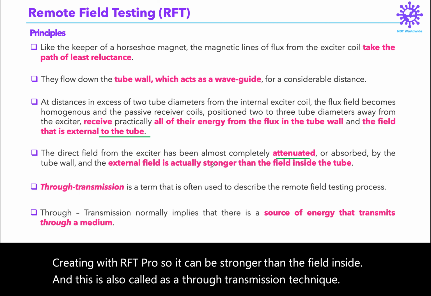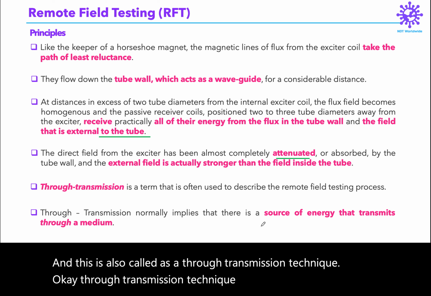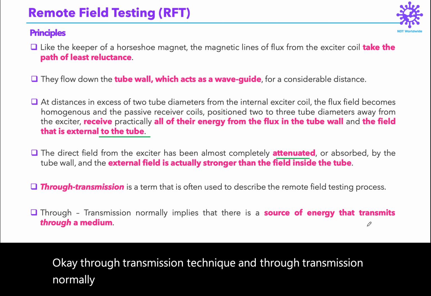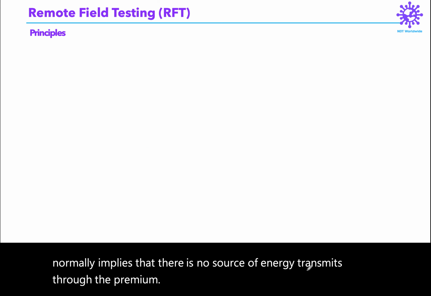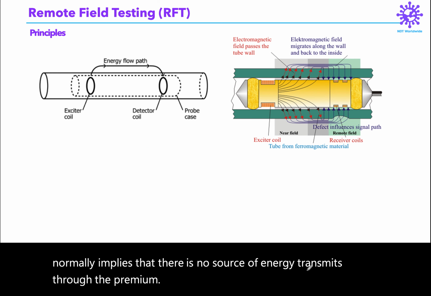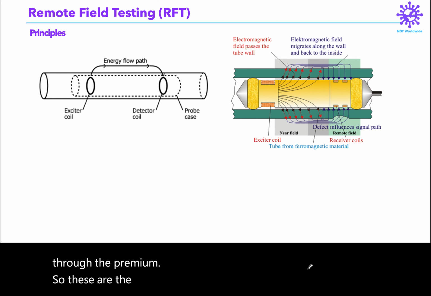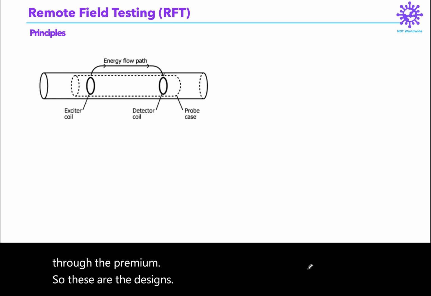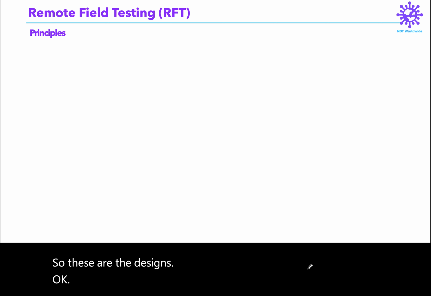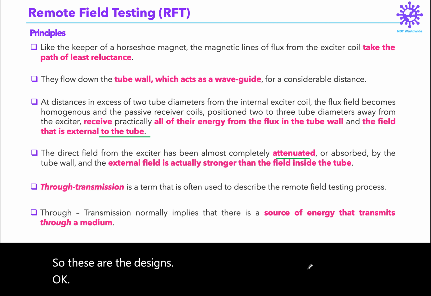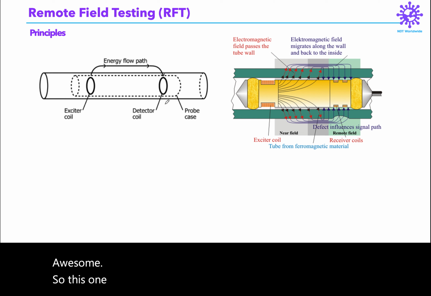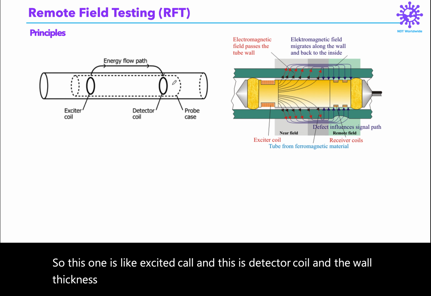Through transmission normally implies that the energy transmits through the wall. So these are the designs. This one is the exciter coil, and this is the detector coil, and the energy flows through the wall thickness and reaches the detector.